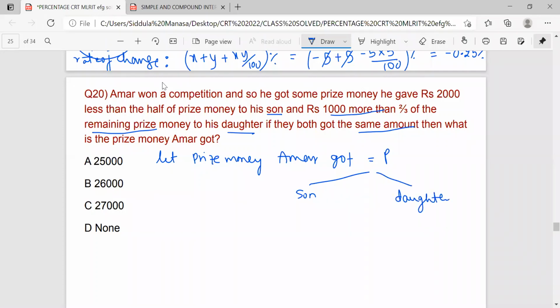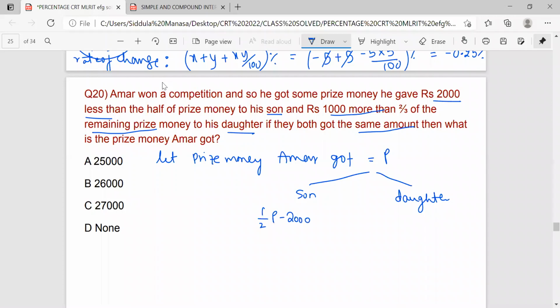Now, how much are you giving to the son? He gave 2000 less than half of the prize money. Half of the prize money means if the total prize money is P, then half means 1 by 2 times P. And how much less? 2000 less, so that means minus 2000.